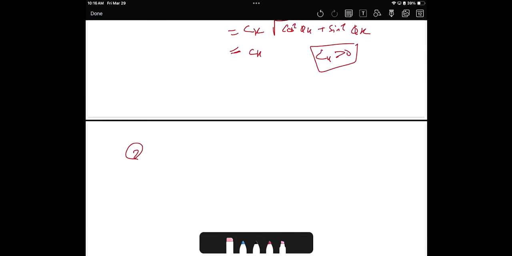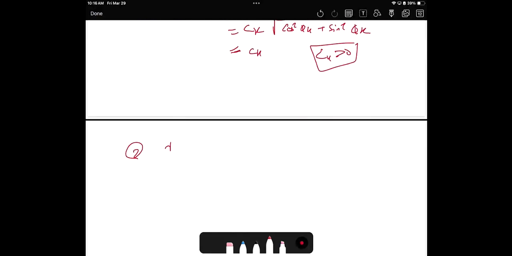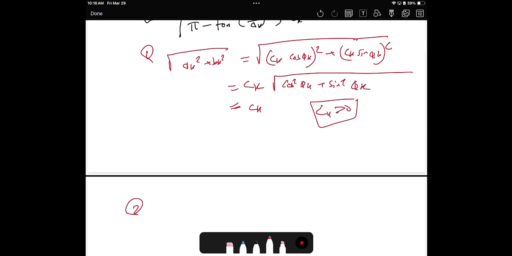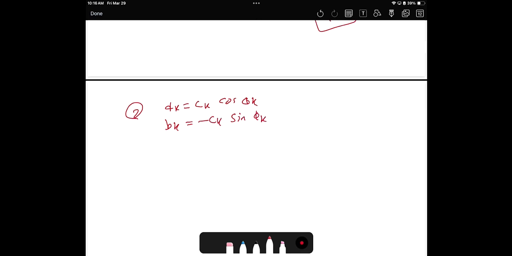We have the relationship that a_k equals c_k cosine phi_k. Then we have the relationship b_k equals negative c_k sine phi_k. Try to divide them, b over a.